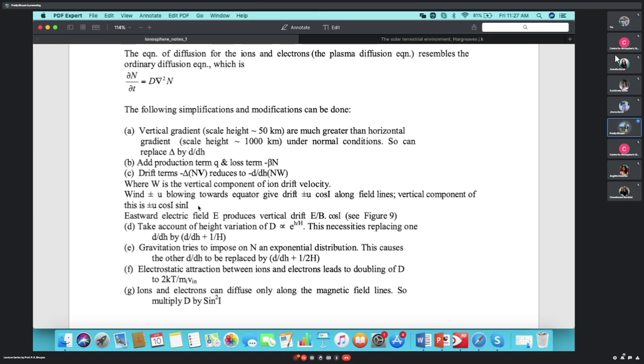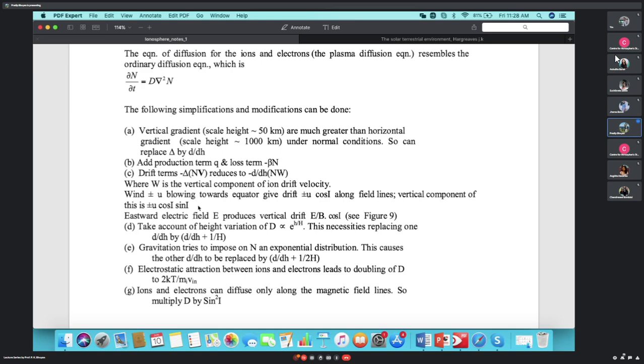So what will happen? Because the plasma can move only along the field lines, it will push. If you have a plane, then the charged particles or the plasma will be pushed upward along the plane.